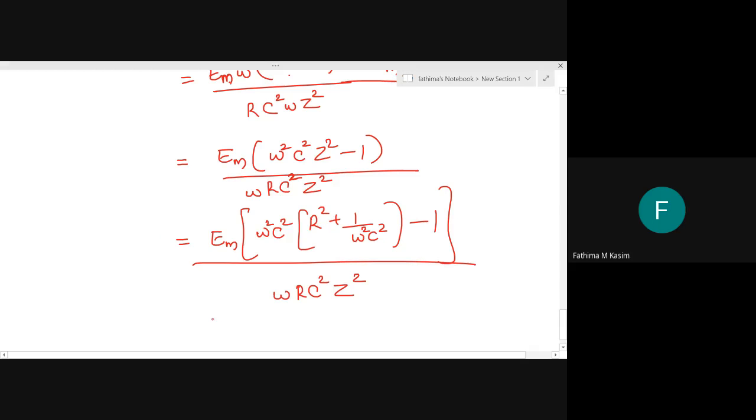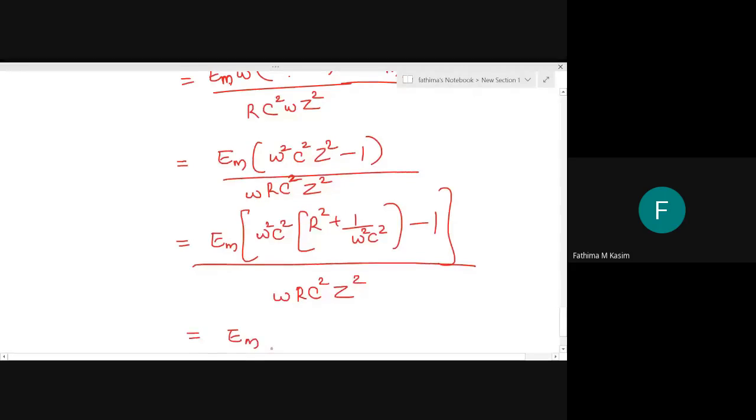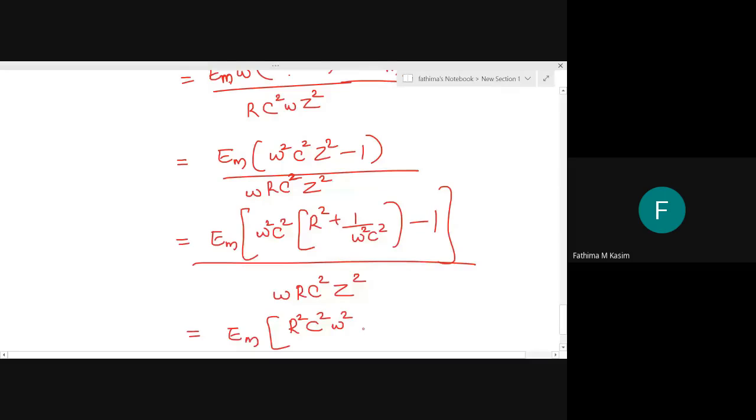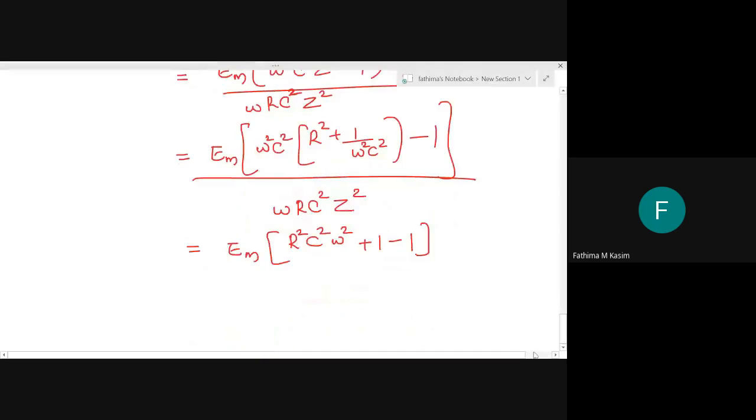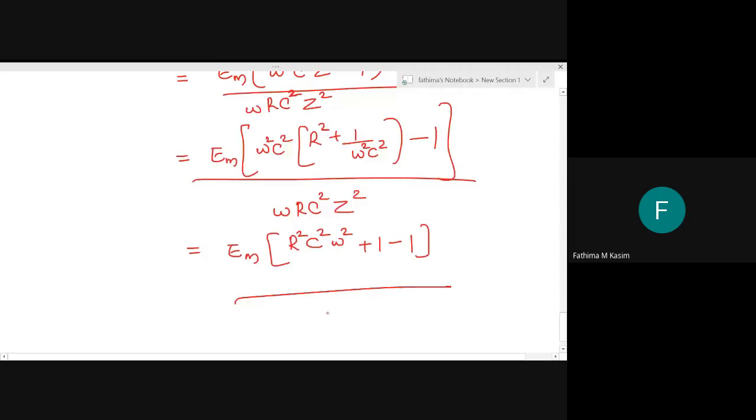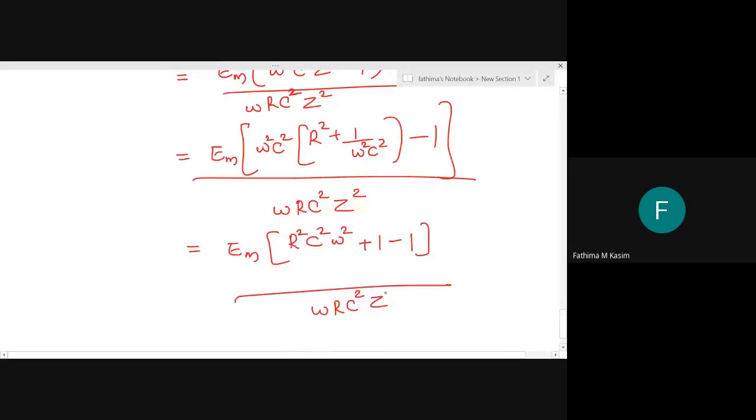Next, this can be written as EM into R square C square omega square plus 1 minus 1 divided by omega R C square Z square. I have multiplied this with omega square C square, so this becomes R square C square omega square plus 1, and the 1 gets cancelled, so plus 1 minus 1.